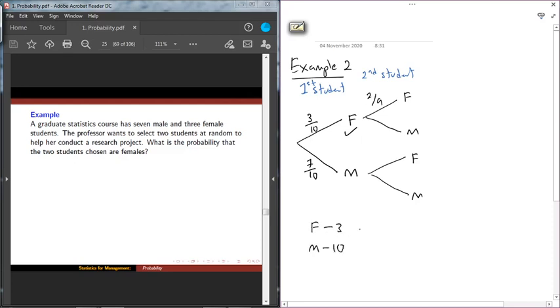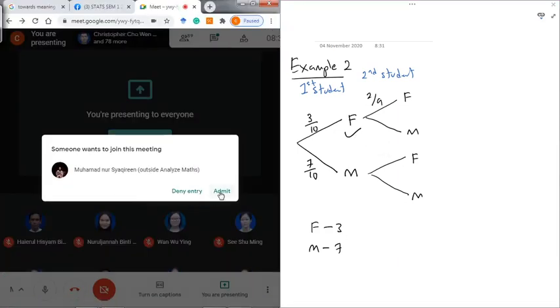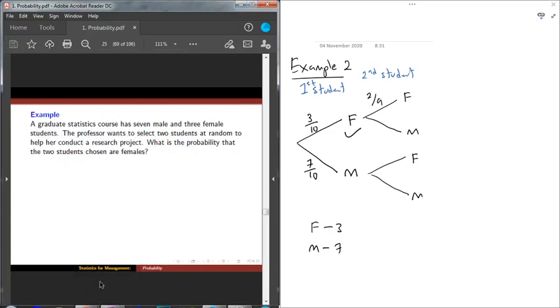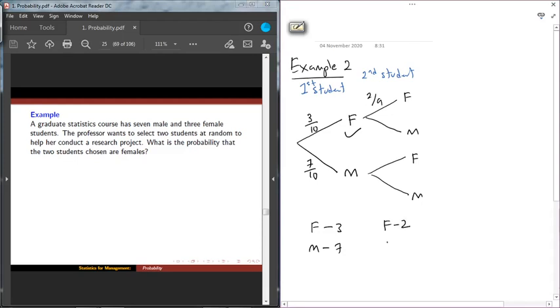Male how much? 7. Now let's say you have chosen female for the first student. Once you choose female, left is 2 female students, male students remain unchanged. Total is now 9. So for you to choose the second female student, that would be 2 over 9. That's what I write here. Right?